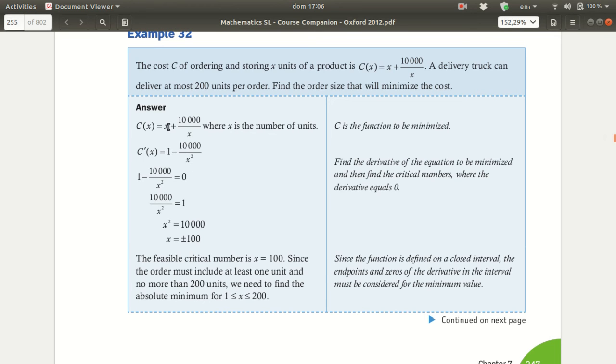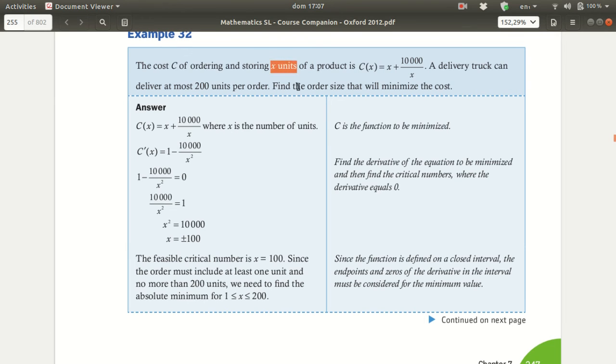For the first term, we're applying a regular power rule. And for the second term, remember, we can always bring this variable to the top with a negative exponent and apply the power rule here as well. When we set it equal to 0, we can then isolate the x and we get two critical points. X is either positive or negative 100. Now remember that X is the number of units of a product.